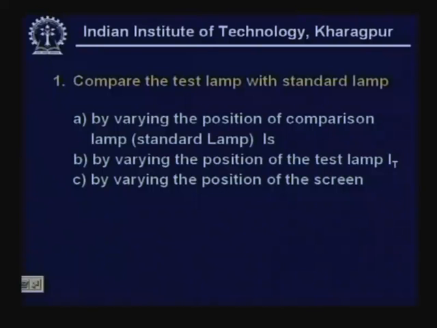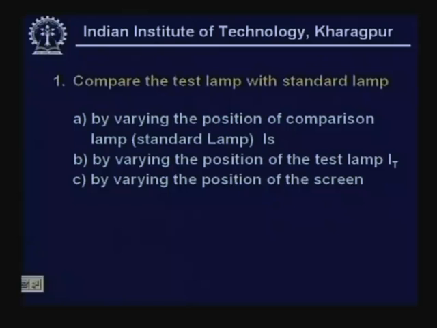There are various ways of doing this. The first and foremost, simplest one is to compare the test lamp with the standard lamp on the photometric bench simultaneously. One could vary the position of the comparison lamp, or the other could be varying the position of the test lamp. The third could be varying the position of the screen.